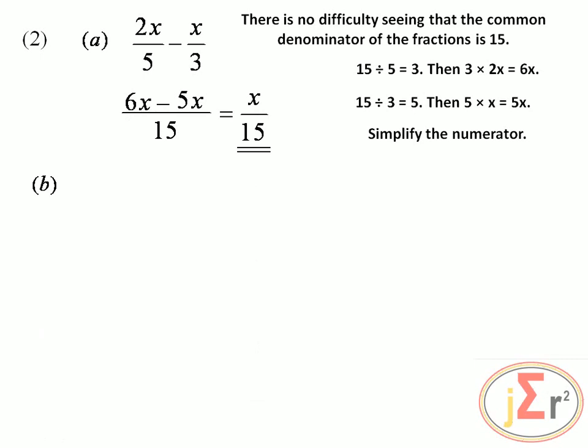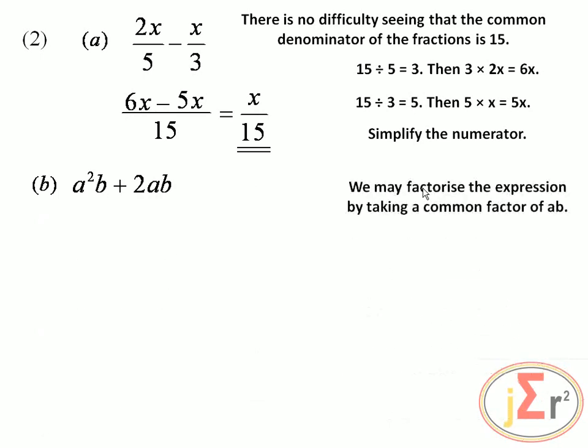Next problem, factorize completely a squared b plus 2ab. Factorize that completely. We may factorize the expression by taking a common factor of ab. We may get a common factor of ab because ab is present here and ab here. How do we factorize?